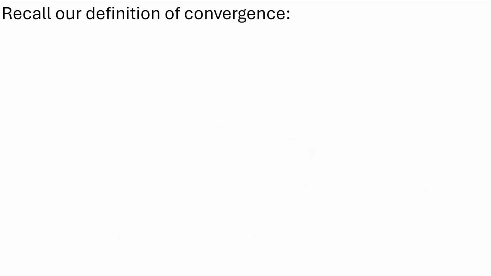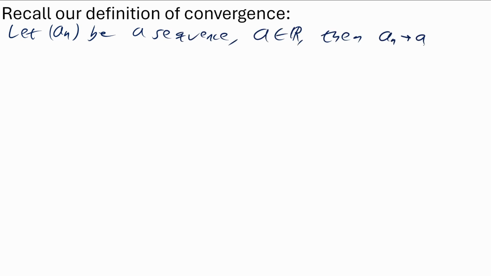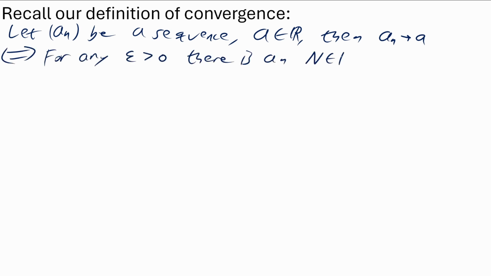We can take a look at our definition of convergence to get a grip on what divergence could really mean. Let a_n be a sequence and a some real number. Then a_n converges to a if and only if for any epsilon greater than 0, there is a natural number N such that for all n greater than N, the distance between a_n and a is less than epsilon.